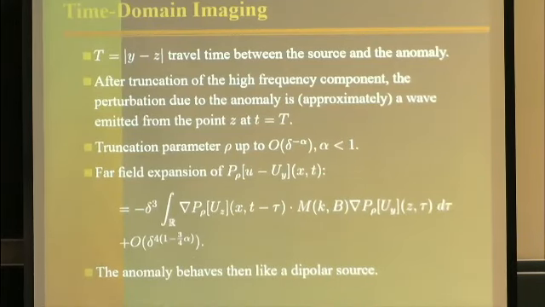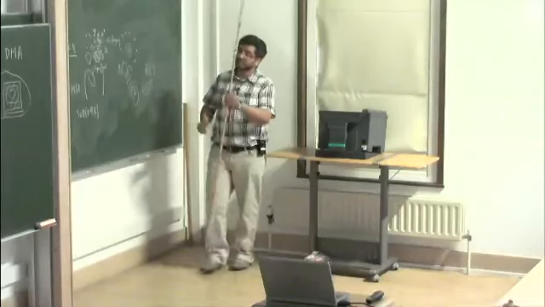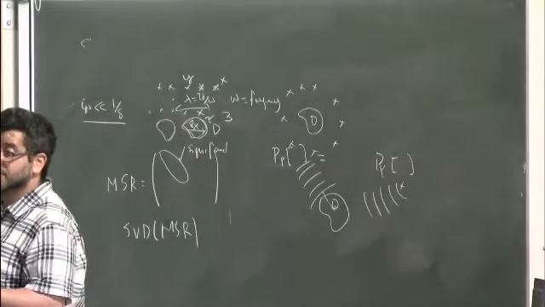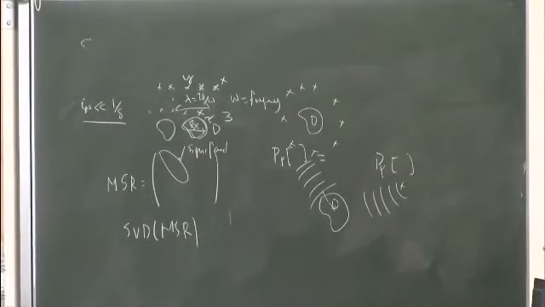You truncate the high frequencies of the signal, the measurements, and the result is in terms of the truncation, which is kind of a miracle. It's the truncation of the source times the polarization tensor.